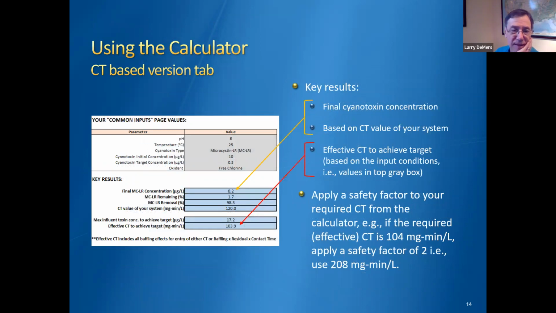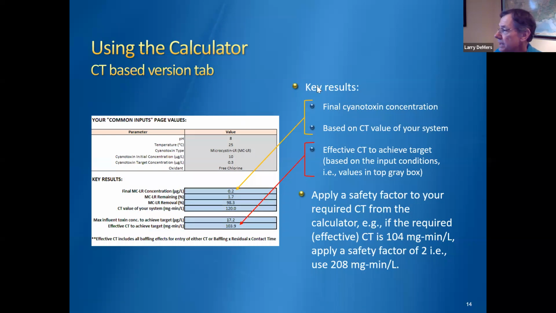So the last part here I'm going to show you is kind of like where you get your results, the results from entering all that information into the spreadsheet. The gray area here shows values that were entered. And then I sort of identify them as the key results.